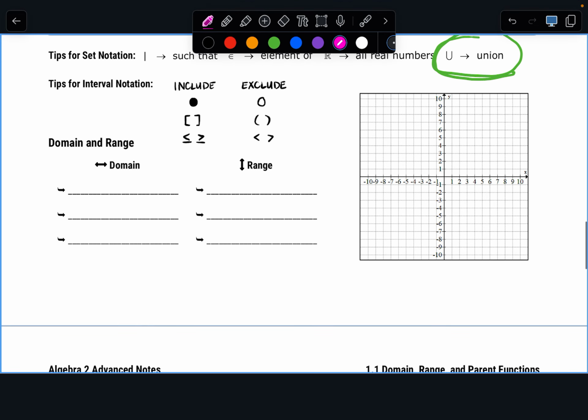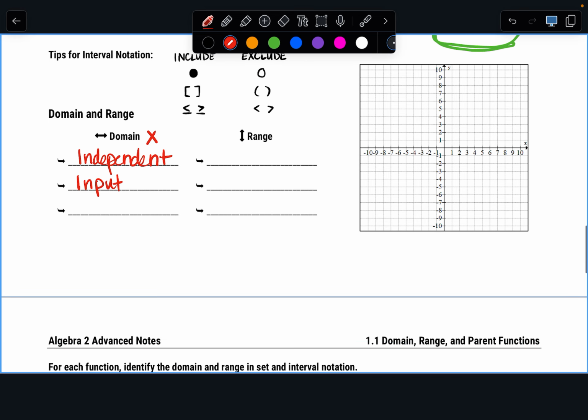Part where it matters, domain and range. Domain, what is that variable? X. Domain is my X. We call these independent. Input. And if you are writing set notation specifically, you're going to write your set notation as X such that X is an element of all real numbers, comma, close your bracket.